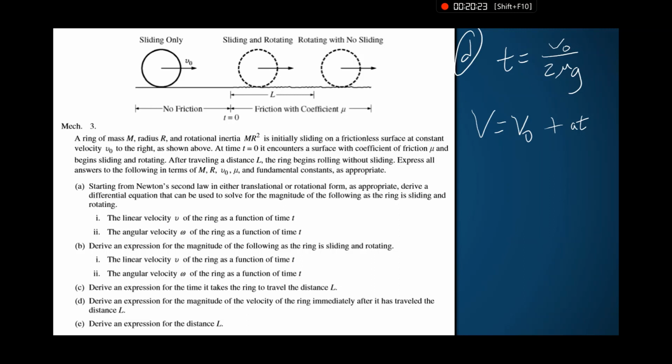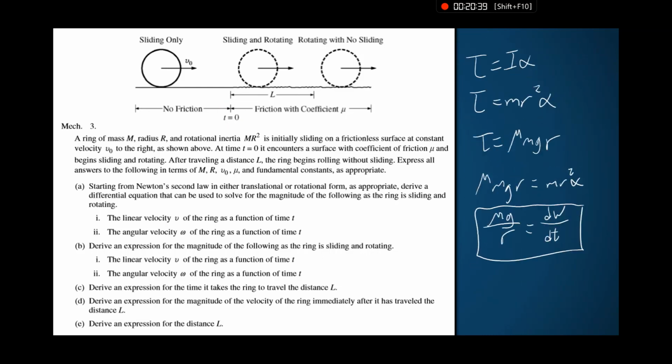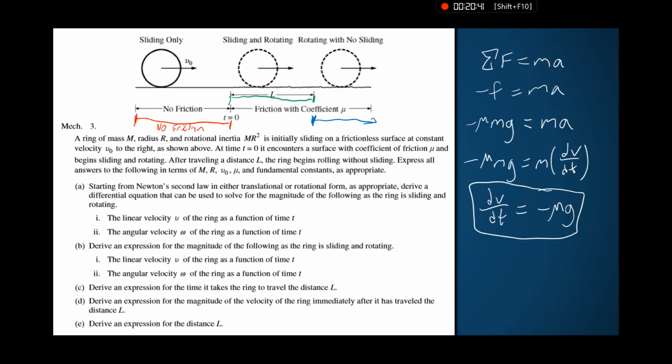Okay. Then we can sub in. So v is v naught plus our acceleration. What's our acceleration? Okay, we said dv over dt is negative mu g.